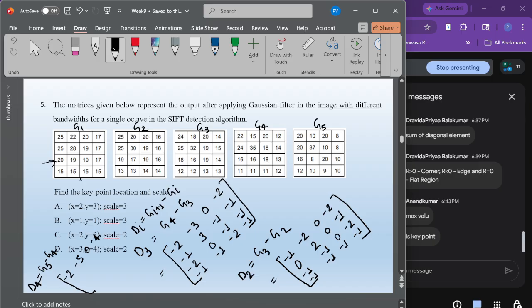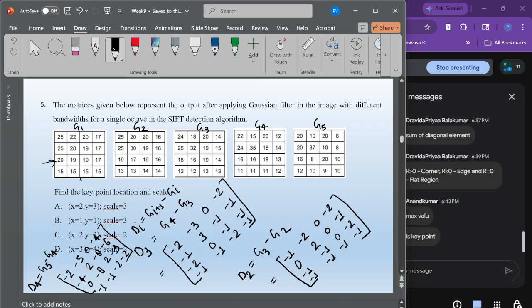Next is minus 4, minus 4, 2, 2, minus 8 and minus 8, minus 6, right? Then 0, minus 8, minus 8, 2, 2, and minus 3. Then minus 1, minus 1, minus 1, minus 1, minus 2, minus 2.